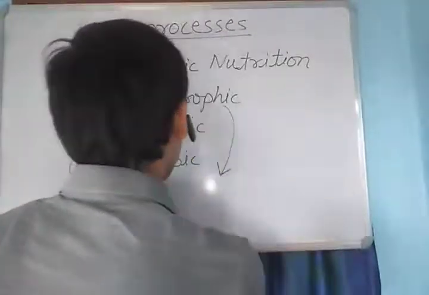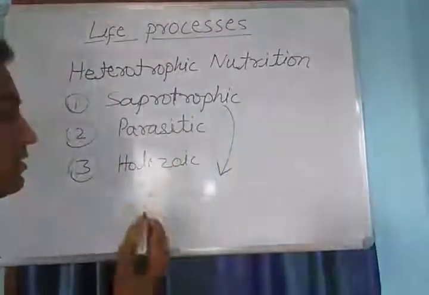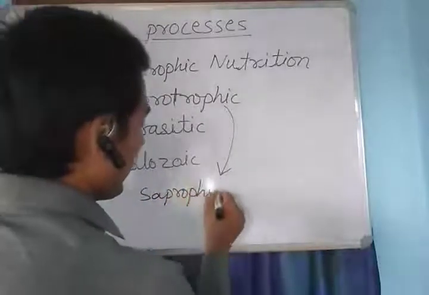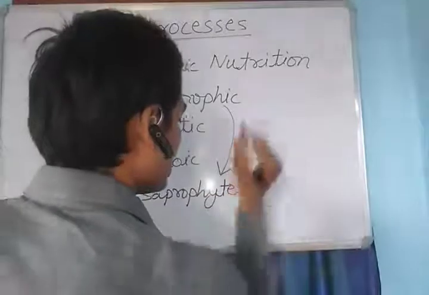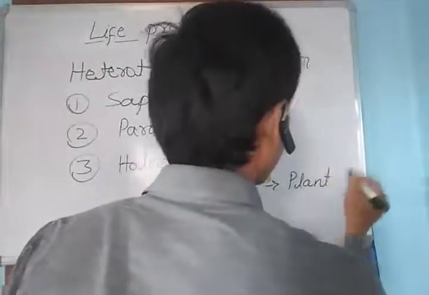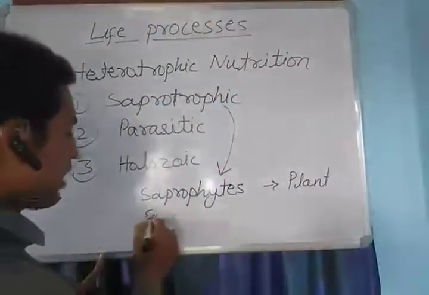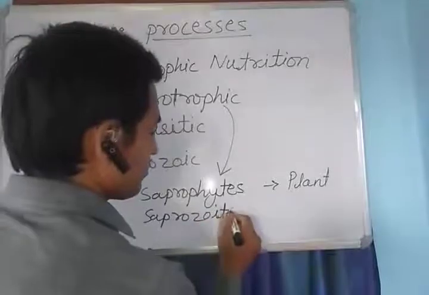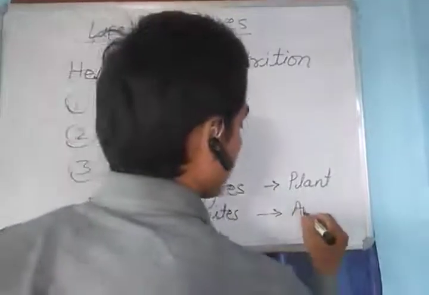So it is called saprophytes, which represent plants, and saprozoites in animals.